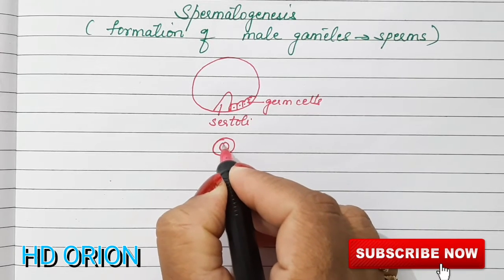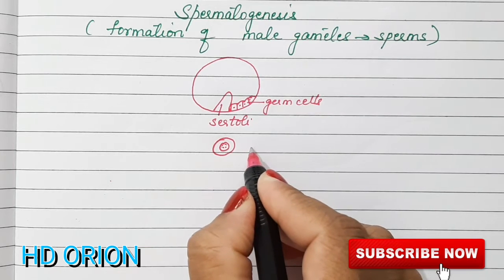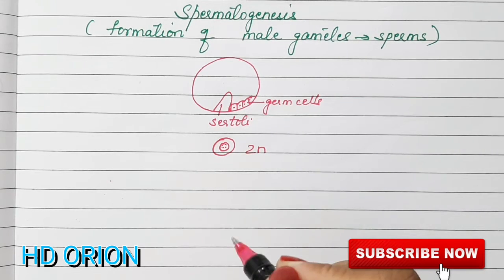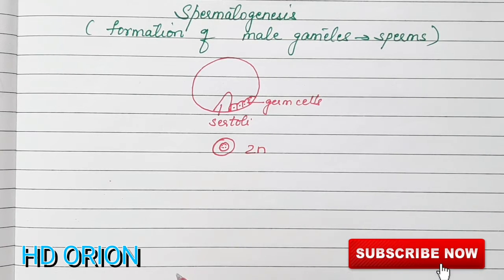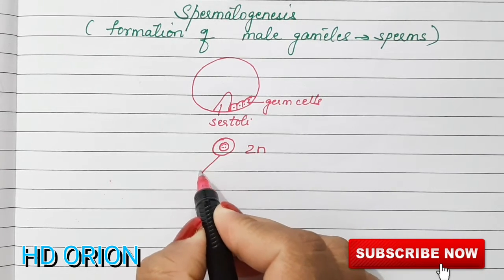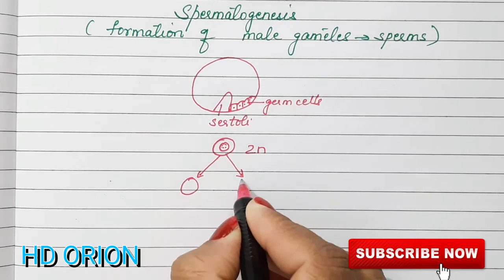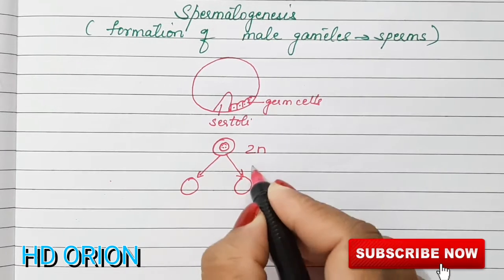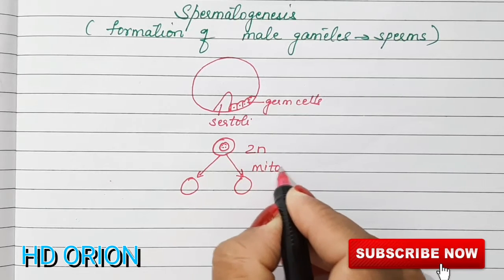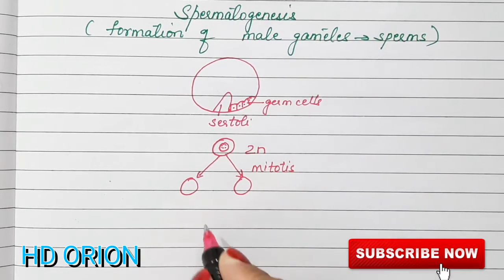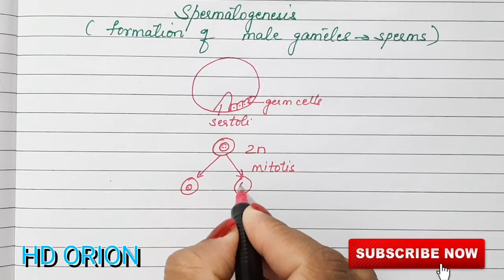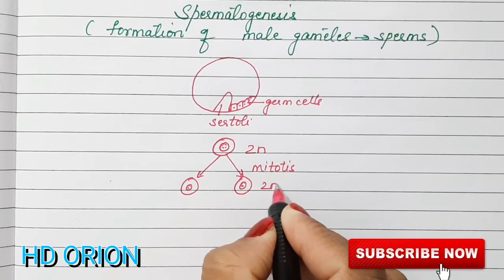This is one germ cell which is diploid. That means it is 2n and it has the double set of chromosomes. This will divide inside the seminiferous tubules and form two cells. Because this is mitotic division, which we say is equational division, the daughter cells will also be 2n.